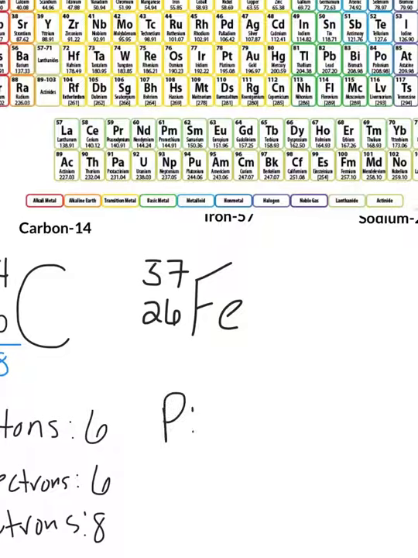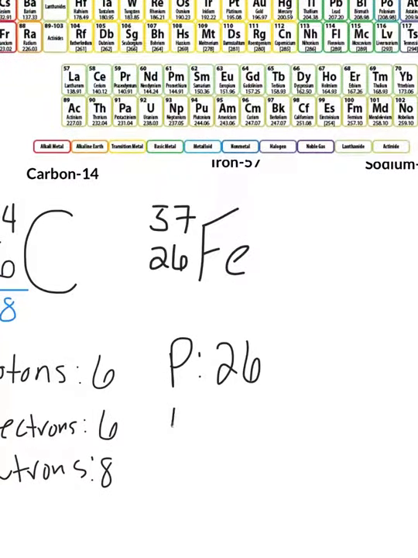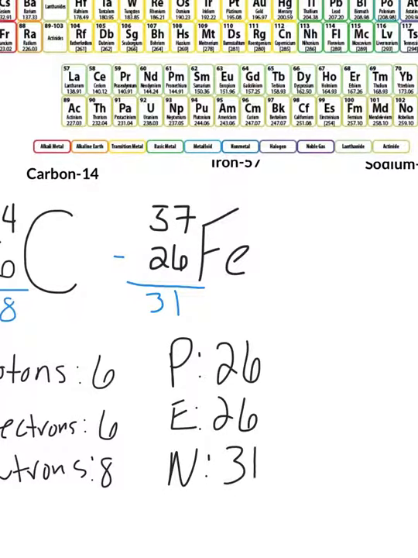So it has 26 protons, which means it also has to have 26 electrons. And in order to figure out how many neutrons it has, we'll subtract. If we subtract these, we should get 31. And so this isotope of iron has 31 neutrons.